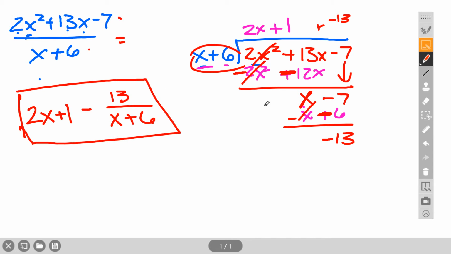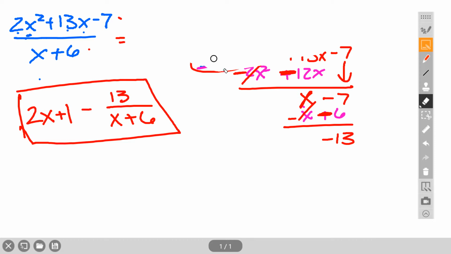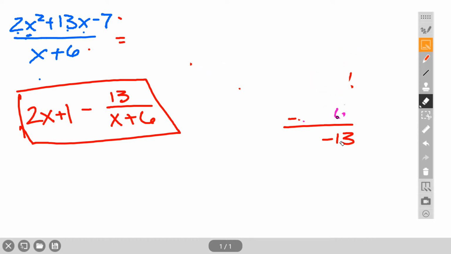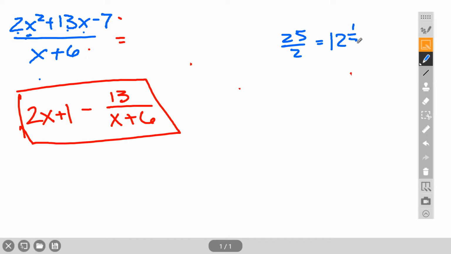So how exactly do we check to make sure that we've done this correctly? Well, if you think back to the 25 divided by 2 problem, 25 divided by 2 was 12.5.